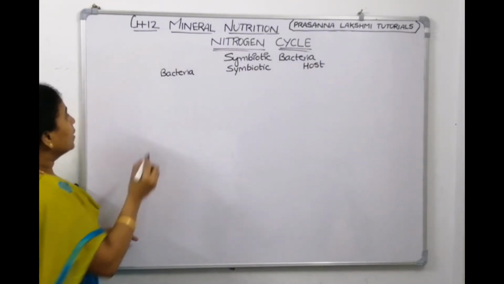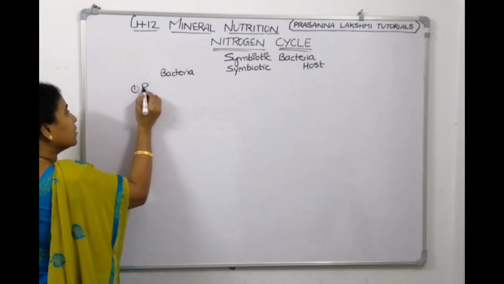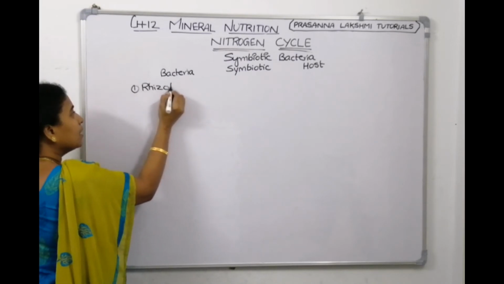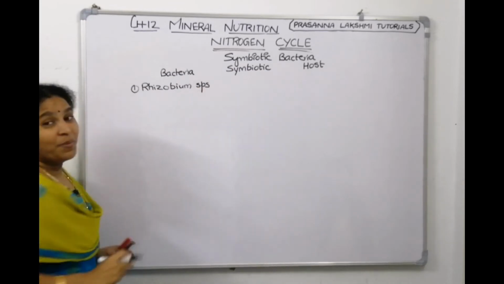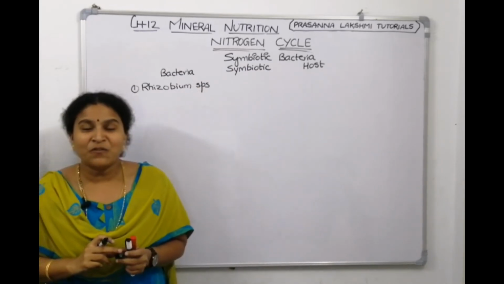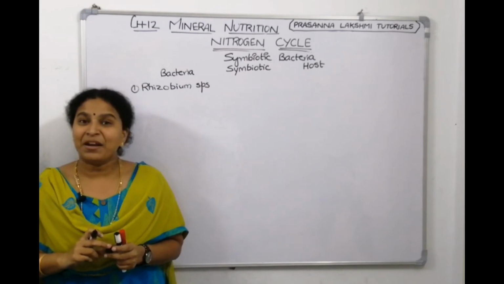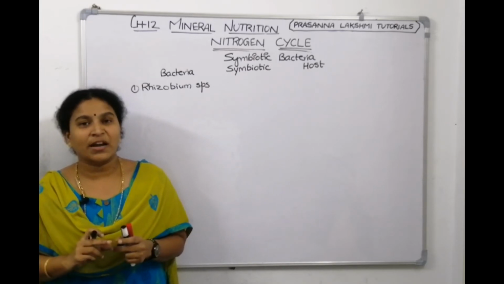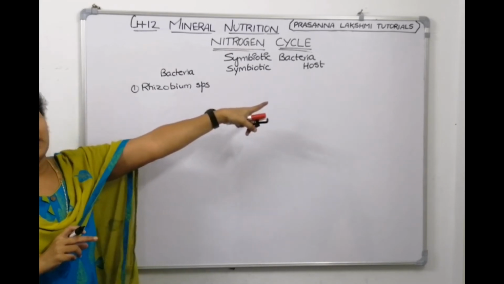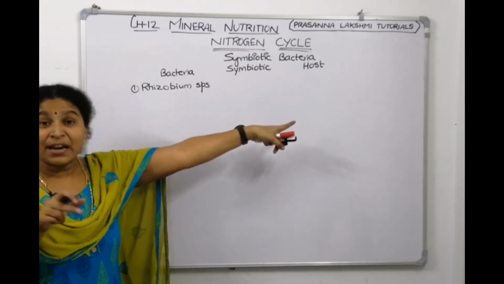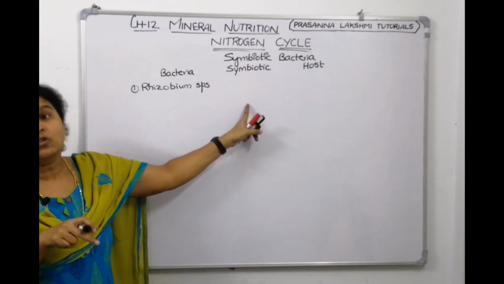Now under that, our first organism is Rhizobium. This is a popular example, right? Rhizobium. In the root nodules of leguminaceae plants, they help in nitrogen fixation. They enrich the soil, right? So Rhizobium species in which plant? In the leguminaceae plant, where the bacteria will stay in the root nodule.